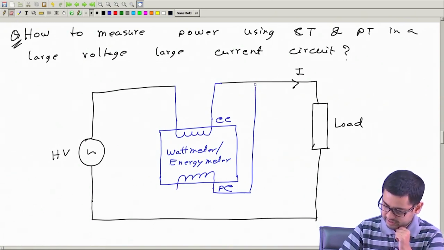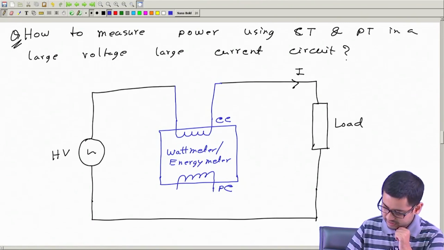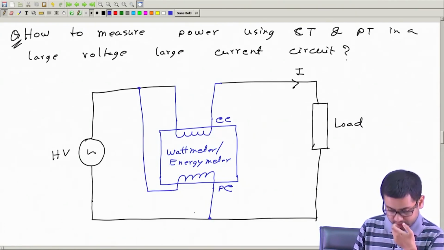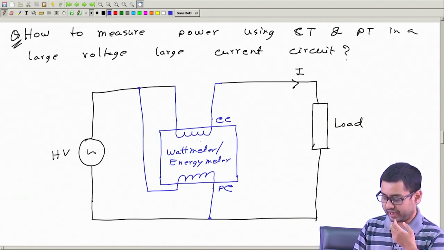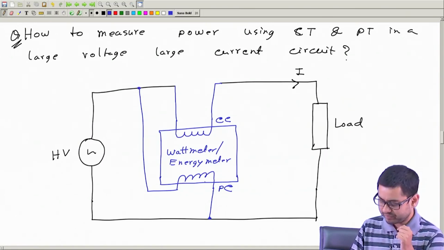We may connect it this side or also this side, ignoring the small power loss in current coil or in pressure coil, which we discussed before in much detail. So ignoring that small error, this is how we connect.